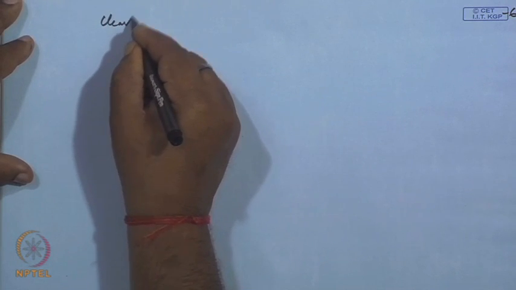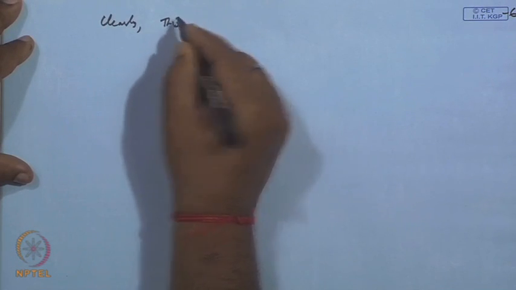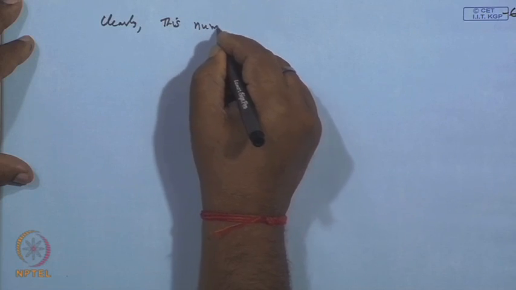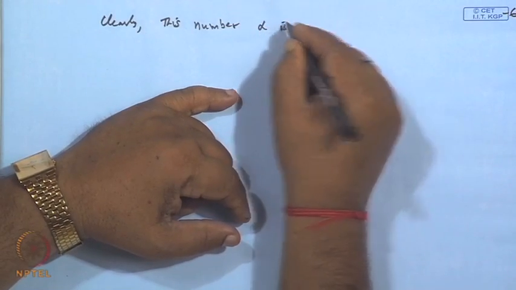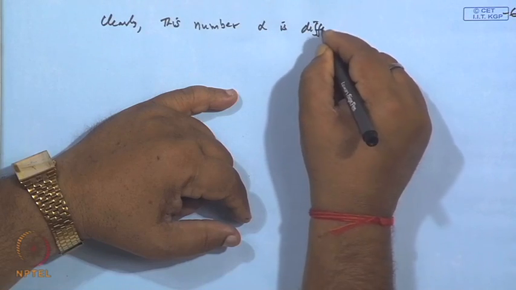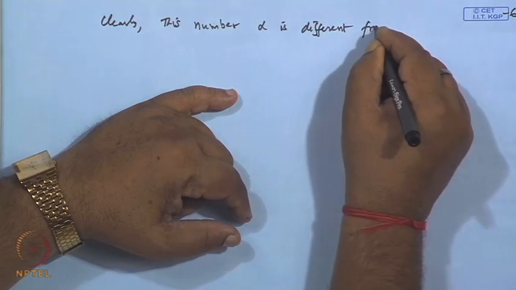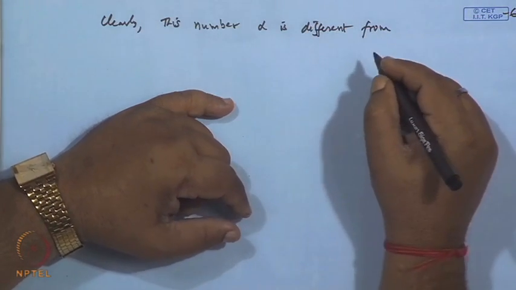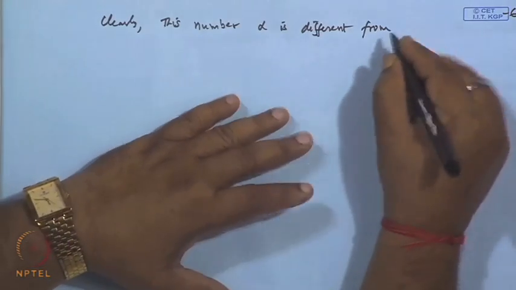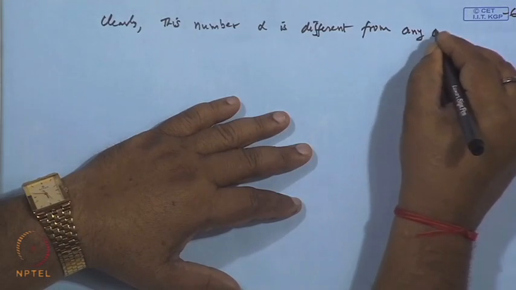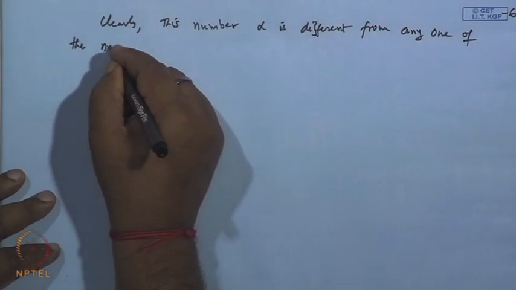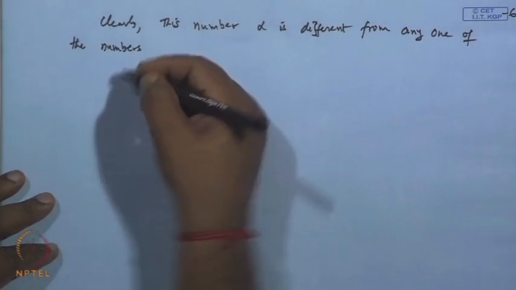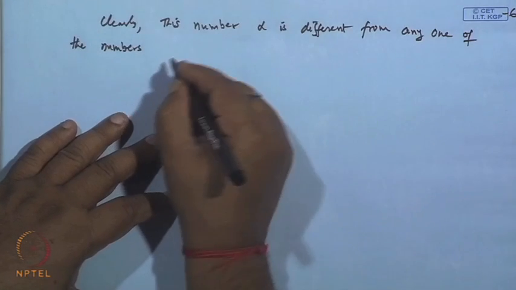So, clearly, this number alpha is different from any one of the numbers x n.